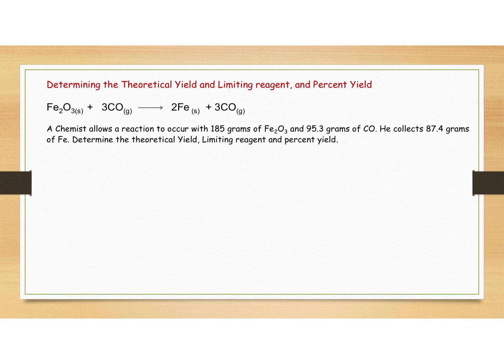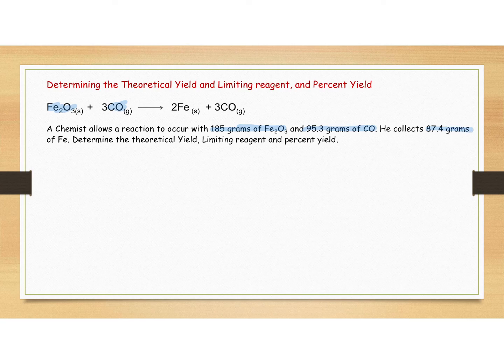A chemist allows a reaction to occur with 185 grams of iron oxide and 95 grams of CO. So I'm looking at my iron oxide and my CO. He collects 87.4 grams of what?